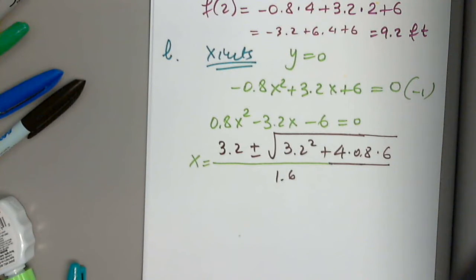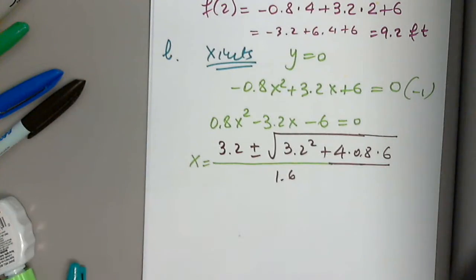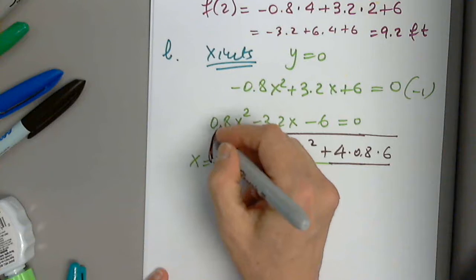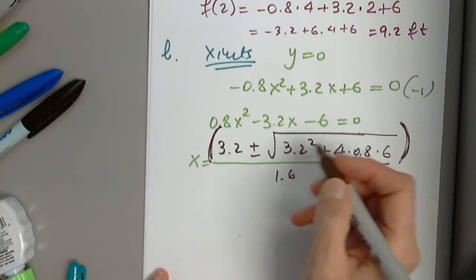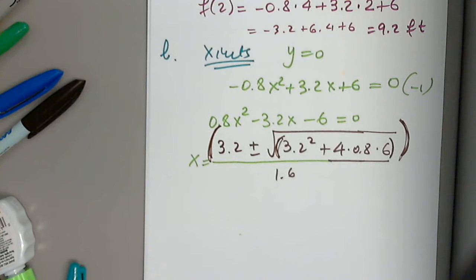Okay, perfect. So let's take a look. Actually, I wanted to show this too. I will put parentheses around the numerator. We discussed this before, and I will put parentheses inside the square root. So careful on that. So left parenthesis, and I have 3.2 plus the square root, parentheses again, 3.2 squared, and plus 24 times 0.8.